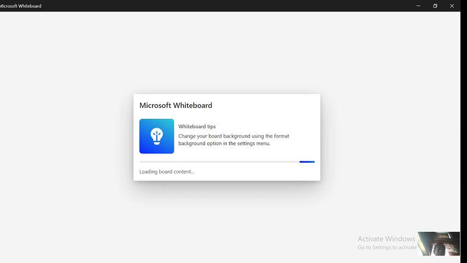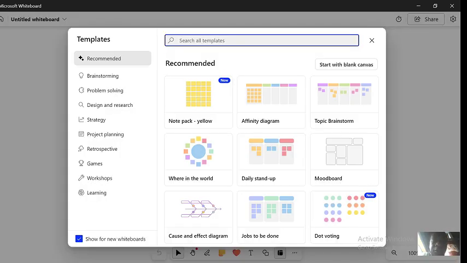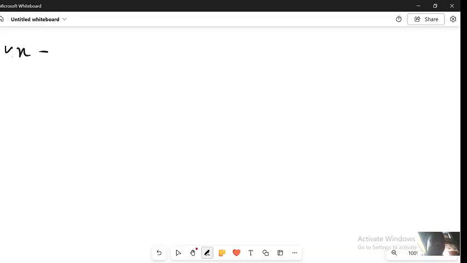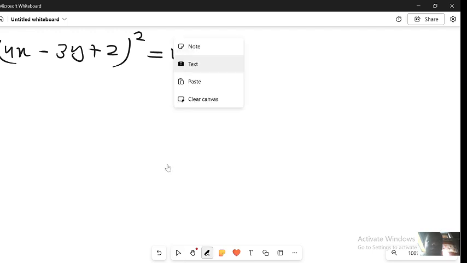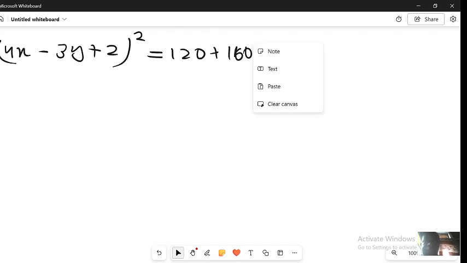If I replace the value of k, which is equal to 2, my equation will be 4x minus 3y plus 2 squared equal 120 plus 160y minus 40.